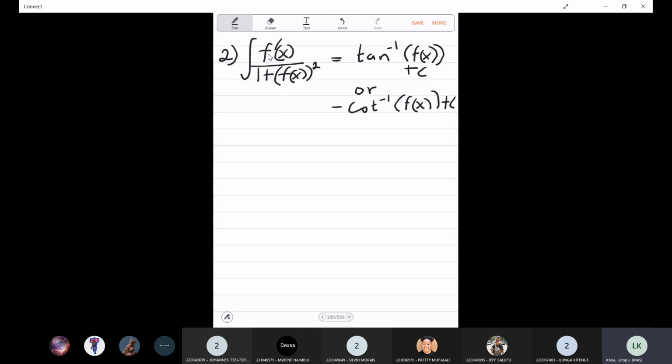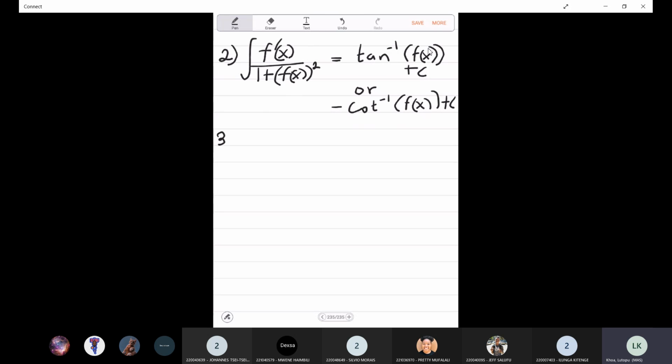Okay, so if you introduce a negative there and a negative outside, either of these is the correct answer. And as usual, we prefer the positive one, but the other one is also correct.